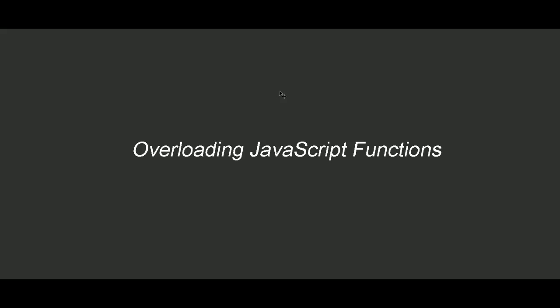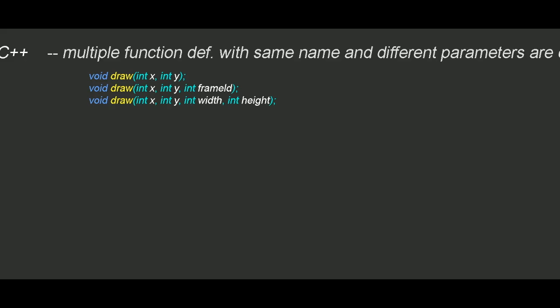Before we move on, I really need to mention the concept of overloading a JavaScript function. The concept of overloading functions really comes from C++, and truly it doesn't really exist in JavaScript. For example, let's say we have something like this in C++, and it's all about using the same name for functions that have a different body.